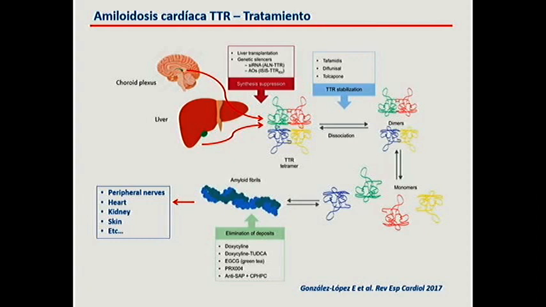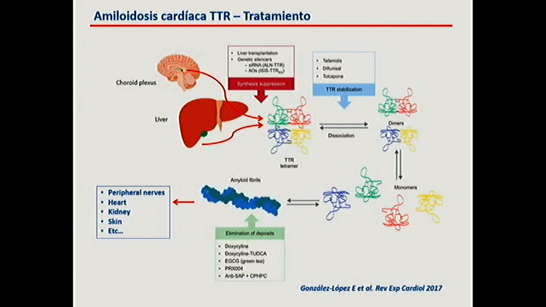We can stabilize TTR through physical and chemical processes that impede misfolding, or once we have the deposit generated, we can resort to drugs that are being tested for Alzheimer's, which clean the amyloid from the tissue.